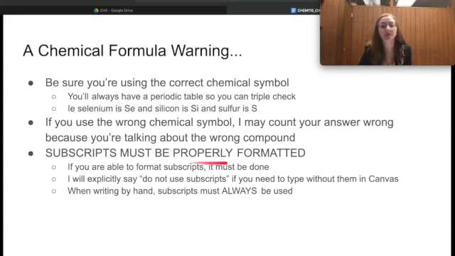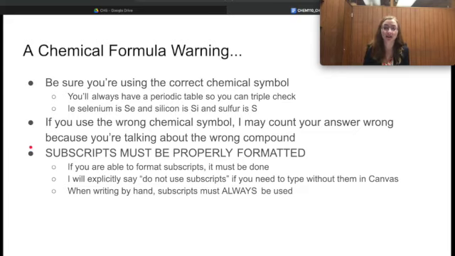And the other big to-do with chemical formulas are the subscripts. So here's the deal. Your subscripts have got to be properly formatted unless I say otherwise. If you are able to format subscripts, it must be done. If you are writing by hand, you must always use a subscript because you can always write subscripts by hand.